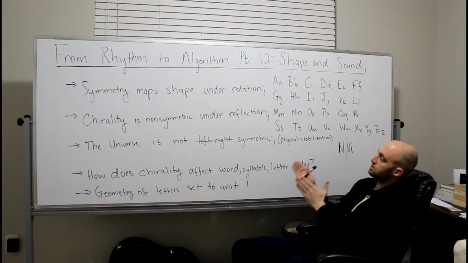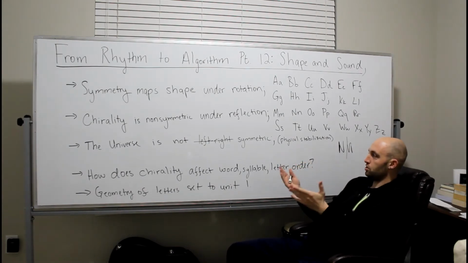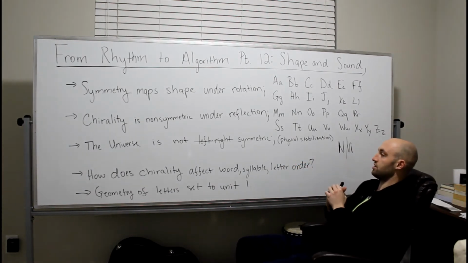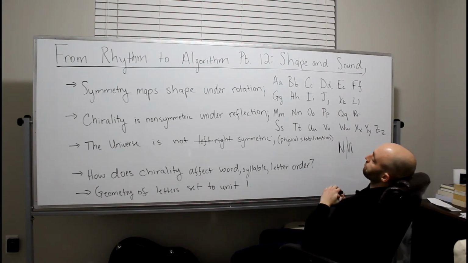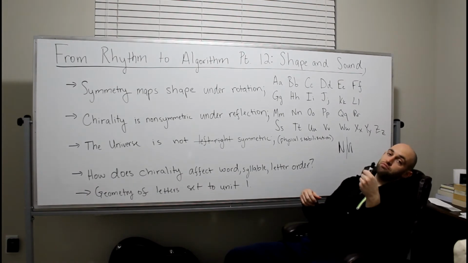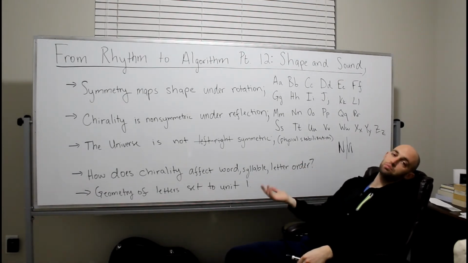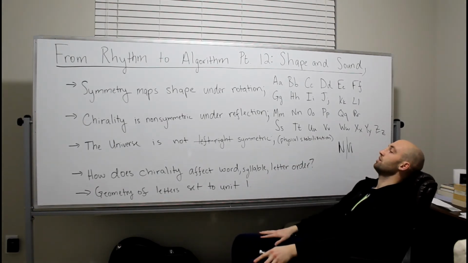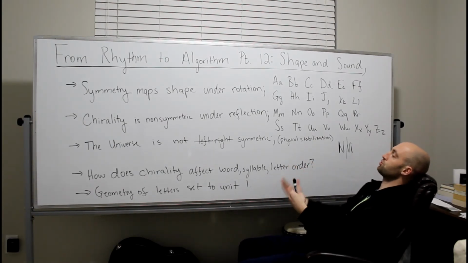Chirality is non-symmetry under reflection. You'll hear chirality in chemistry class. If you do a demonstration, take a picture holding something in your left hand. It's going to appear in the picture in your right hand. So reflection flips direction.